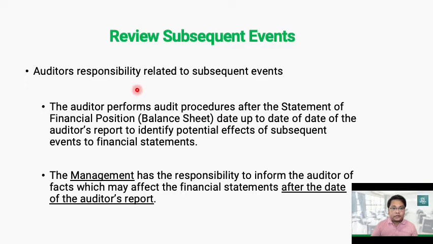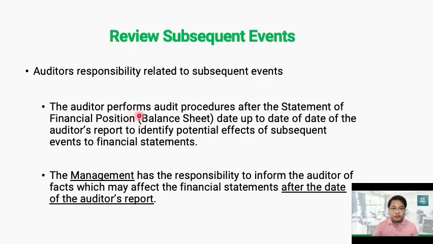With respect to the auditor's responsibility related to subsequent events, remember, our responsibility is to audit the financial statements, and the coverage of the financial statements is from January 1 to December 31 for a calendar year client.